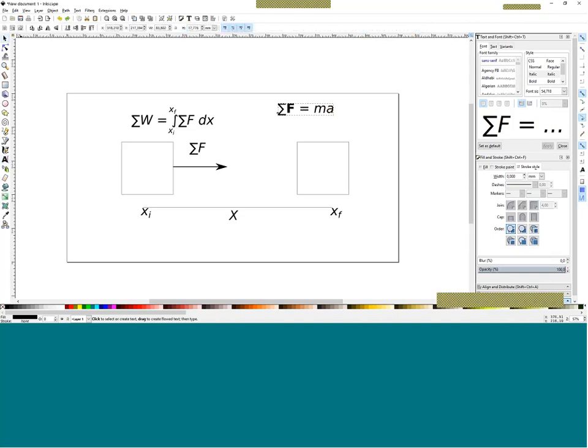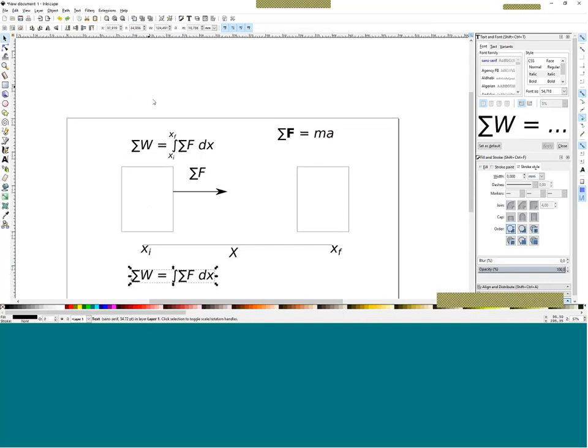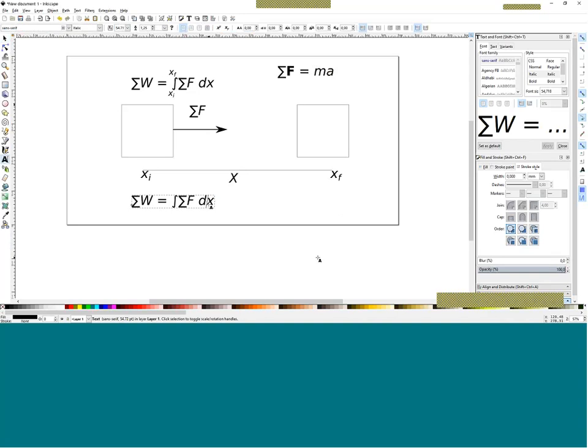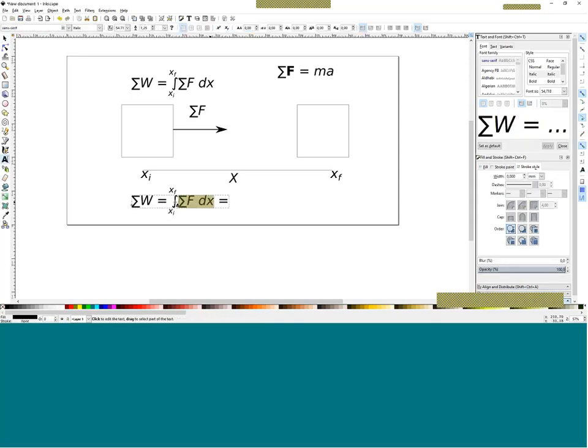This is self-evident, so I'll simply call it ma. Now we can rewrite our equation with the summation of forces in that direction, because we're only concerned with forces in that direction.